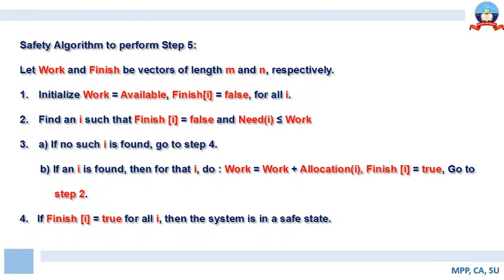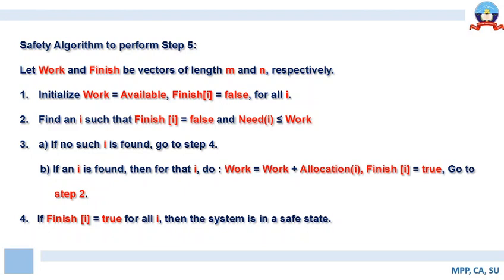If no such process is found, then go to step 4, which implies that there is no process which is yet to complete its execution, which implies that all the processes have completed their execution. So if there is no such process in the system whose execution is not yet complete, then it implies that all the processes have completed their course of execution.